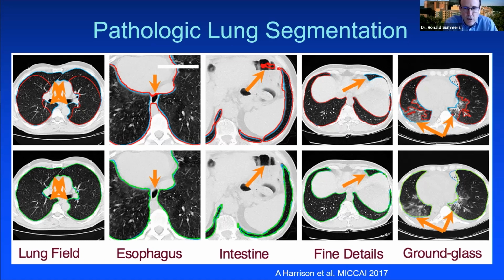There's also quite a bit of anatomic variability from one patient to another. For example, the images at the top show an AI system that had trouble segmenting the lungs on CT scans, but a deep learning system was able to segment the lungs even in the presence, for example, of ground glass abnormalities. Next slide.